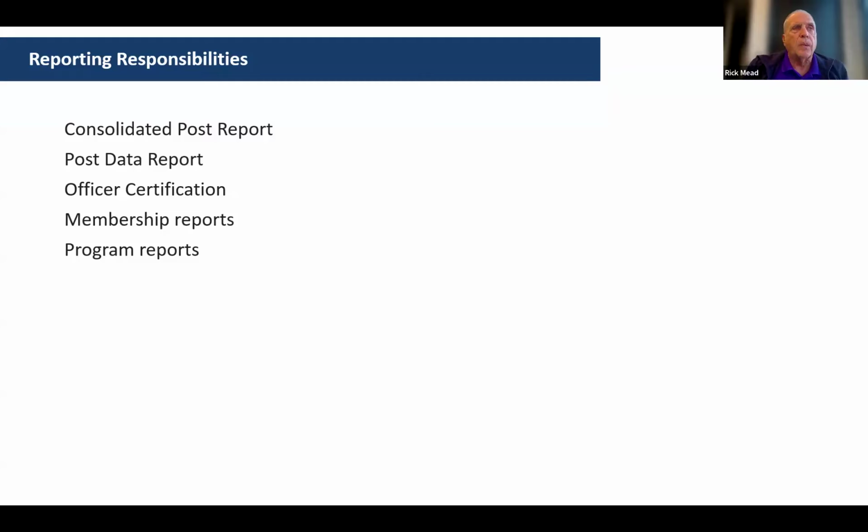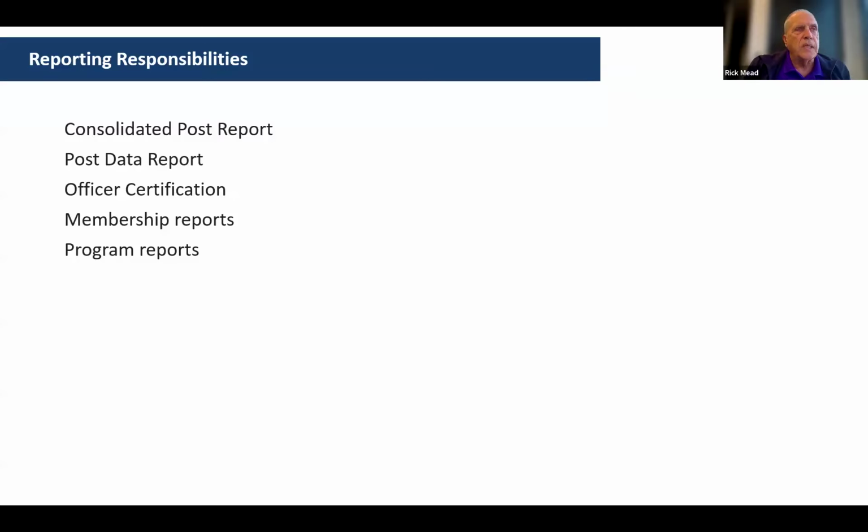It shows you on that report what the current information on file is, and it gives you an opportunity to then change that information and provide updates if your dues change or if your meeting location or times change, anything that's important for the operation of the post.